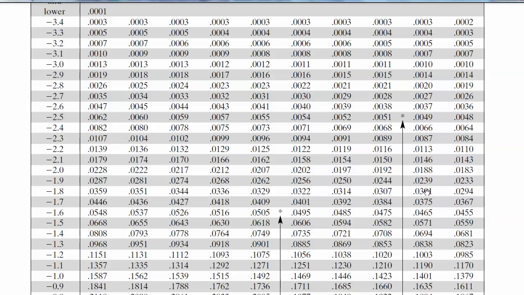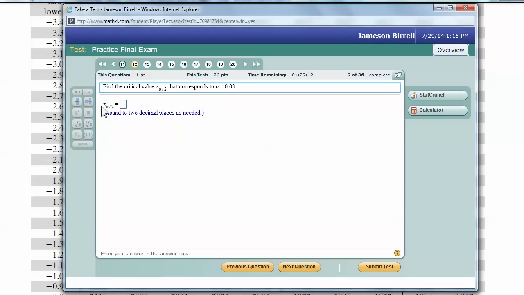And then just recognize that they weren't asking for the negative one, they were asking for the positive one, right? So I could just say 1.88.